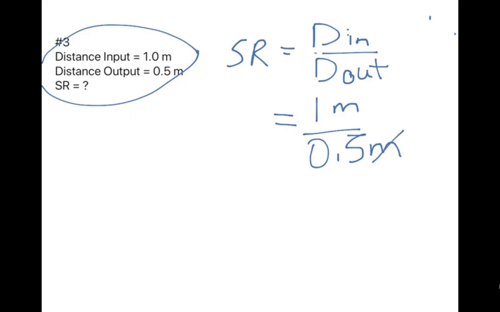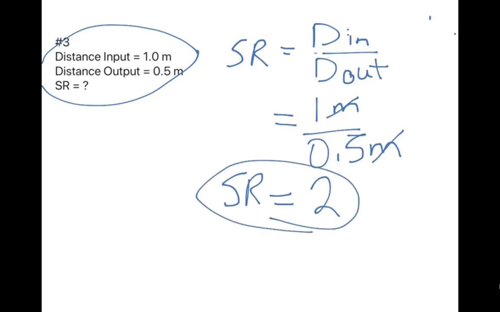The meters cancel. If it was easier, you could multiply both by 10 and do 10 divided by 5. You get the same answer. Our speed ratio is 2. Just like mechanical advantage, speed ratio has no units. Our units are canceling.